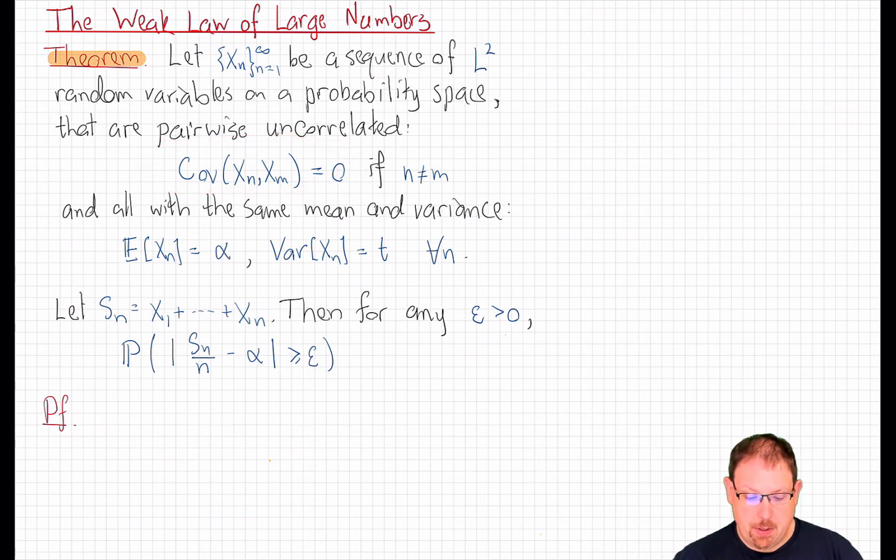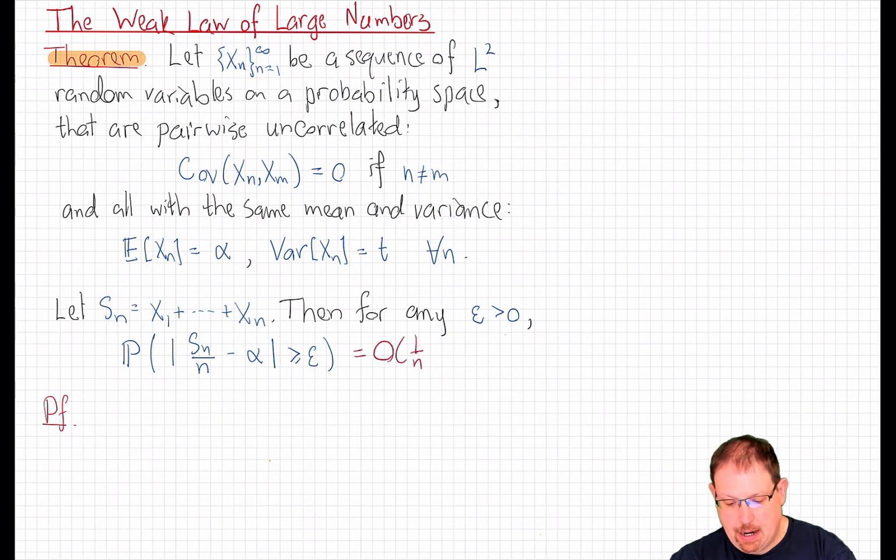Let's also suppose that all of those random variables have the same expected value and the same variance. Then, in that case, taking Sn to be the sum of the first n terms in the sequence, for any tolerance epsilon, the probability that the empirical average of those random variables differs by more than epsilon from the mean actually decays at the rate of at least 1 over n to 0.